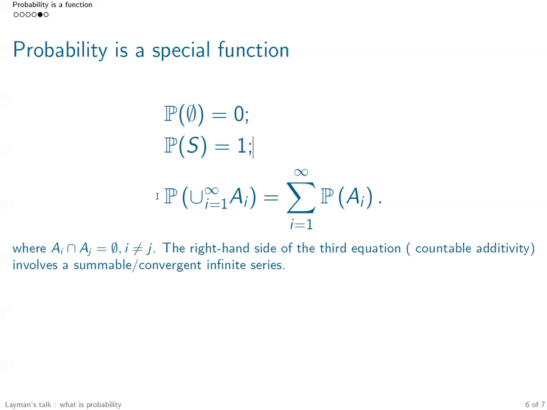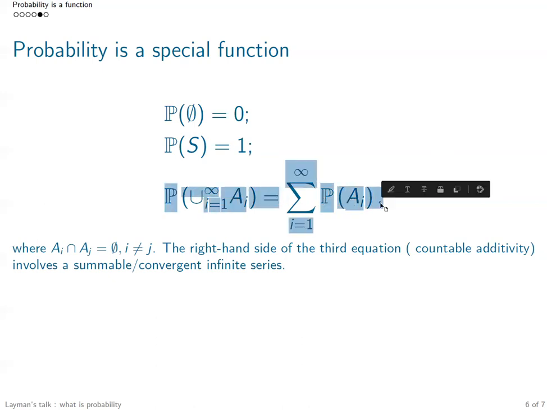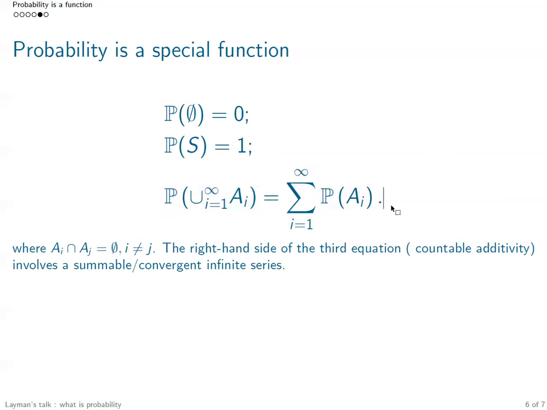The third one, sometimes referred to as countable additivity, is a little bit hard to understand. It looks hard at first sight, as it involves a sum of an infinite series. However, the background story is simple, right?